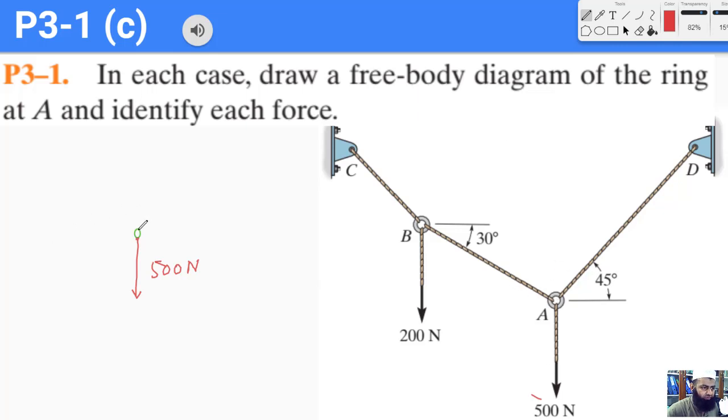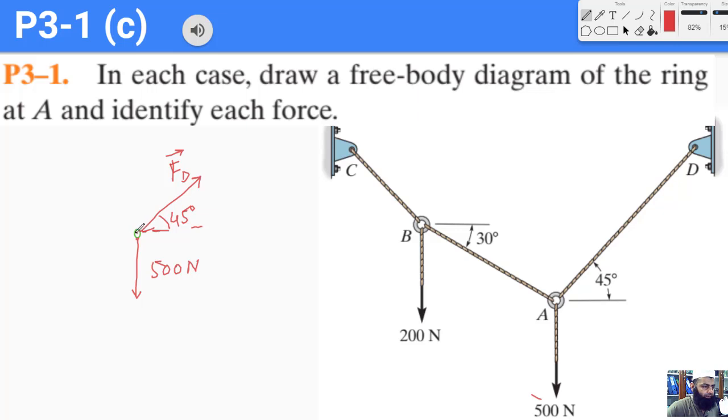One of the forces is going to be in this direction at an angle of 45 degrees, and I'll call this force Fd because it is going towards D. Some people also use the term FDA, which means that this is a force towards D from A, but it's a choice that you can make.